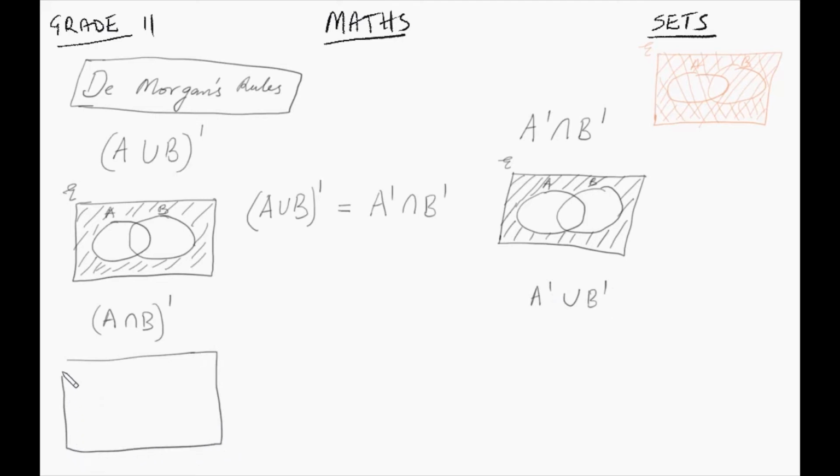Our universal set. Now we have set A, set B. So now, set A and set B, A intersect B all complement. We think of A intersect B, this region here.